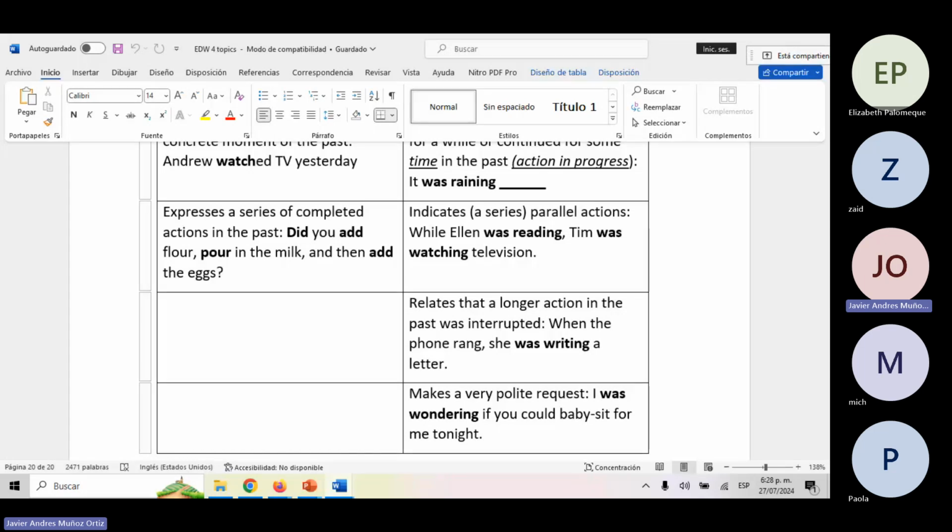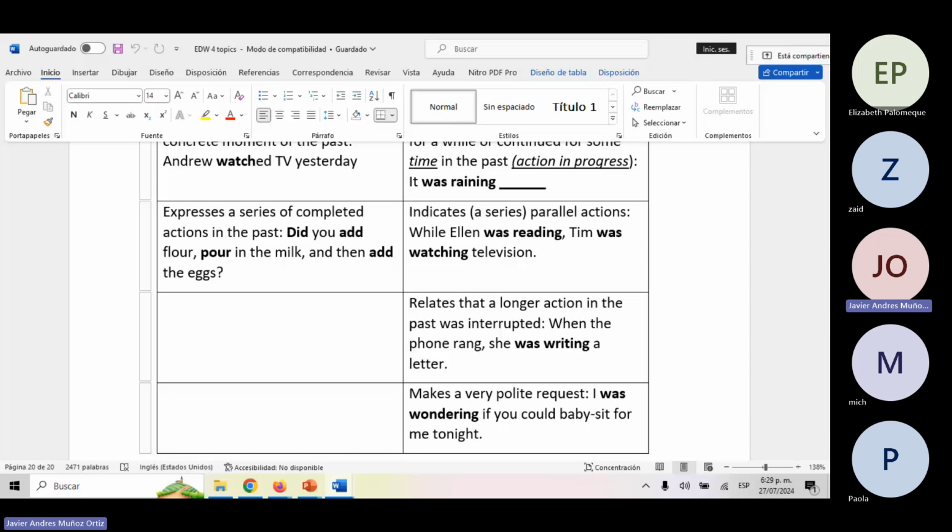So this is what simple past tense does. Past continuous tense instead mentions a series of activities. One more time, 2, 20, 50, 100, 1 million activities. It doesn't matter the amount, but there must be at least 2.